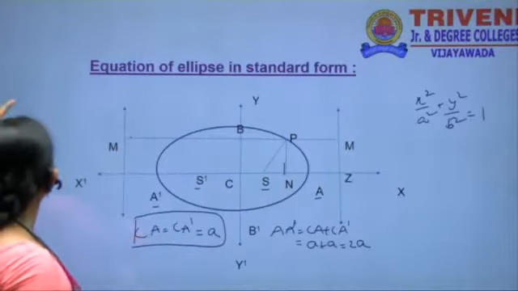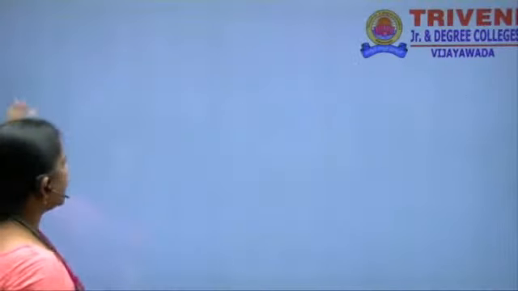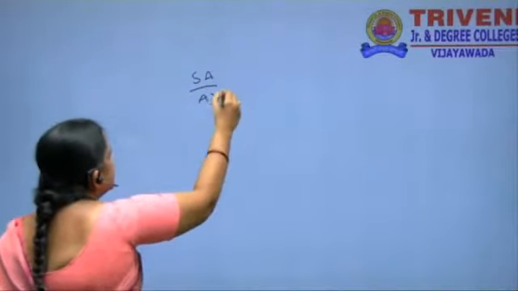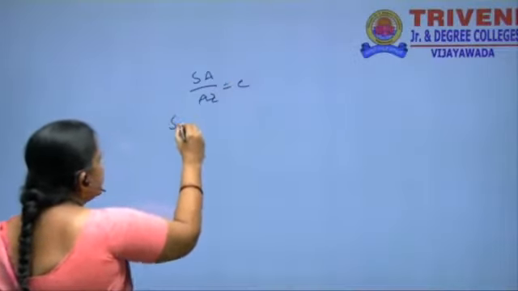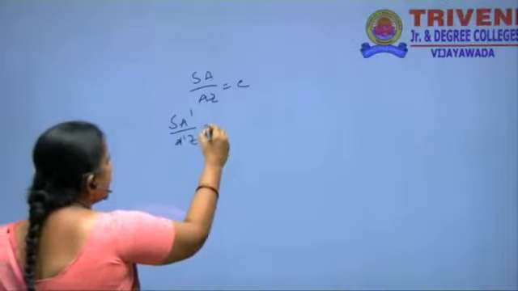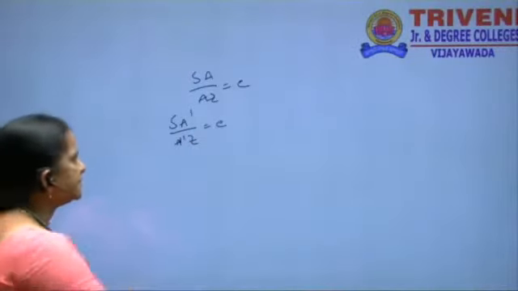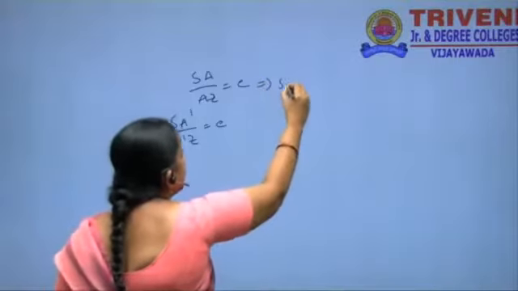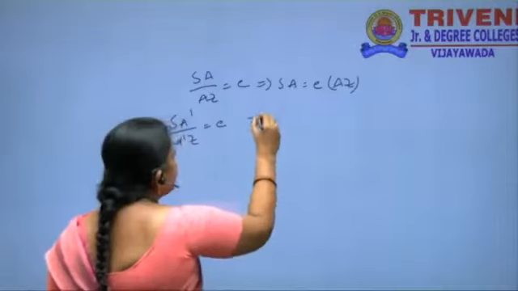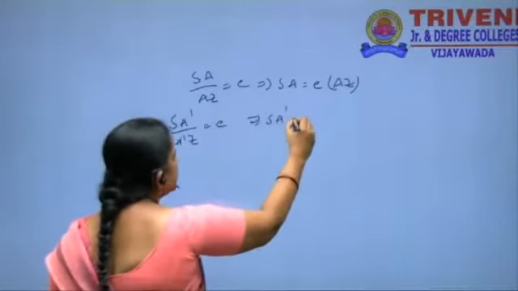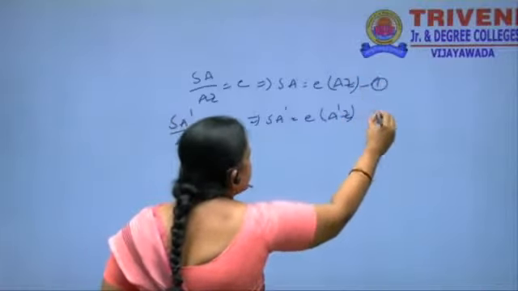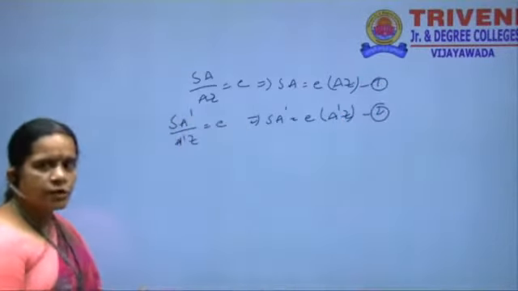By the definition of the ellipse, SA by AZ is equal to E, and for the other vertex, SA dash by A dash Z is equal to E. This can be written as SA equal to E into AZ, and SA dash equal to E into A dash Z. This is equation 1, this is equation 2.